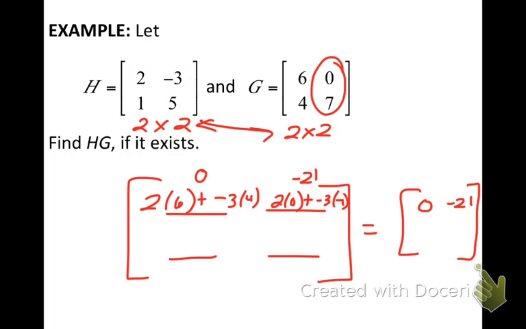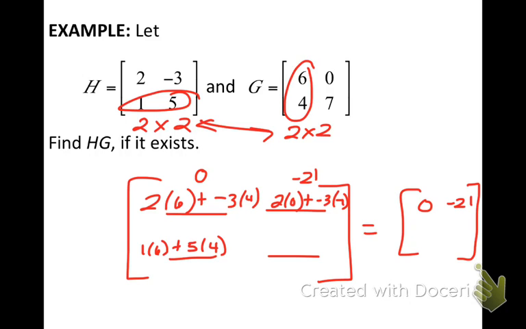So now we're in row 2. So to find row 2, column 1, I'm going to focus on my row 2 and combine it with my column 1. So the 1's going to multiply with what? 6. And the 5 with 4.